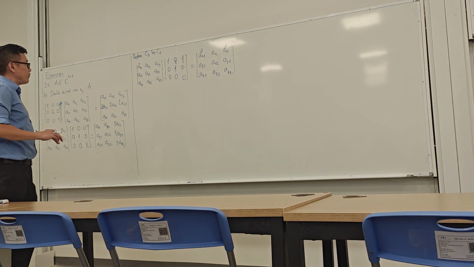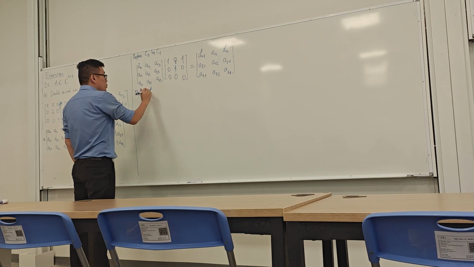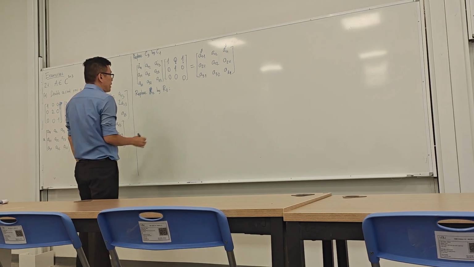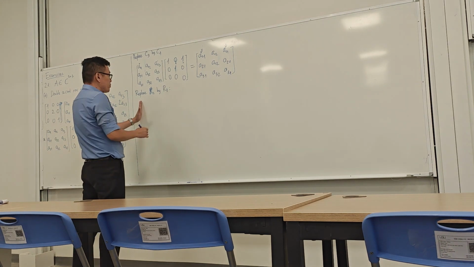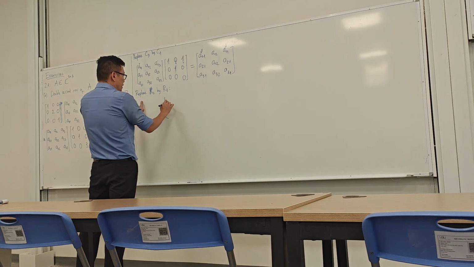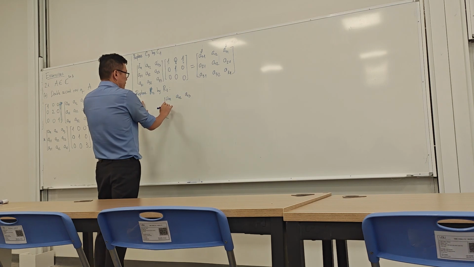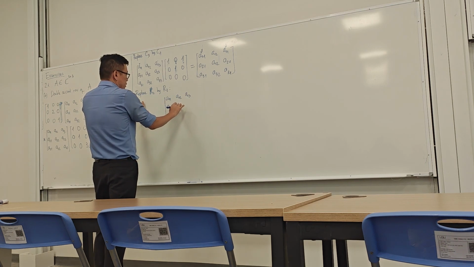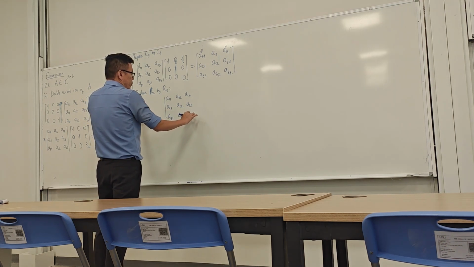Now imagine if I do the following: replace row 2 by row 3. Because this is a row, I multiply on the left. I put A11, A12, A13, A21, A22, A23, A31, A32, A33.